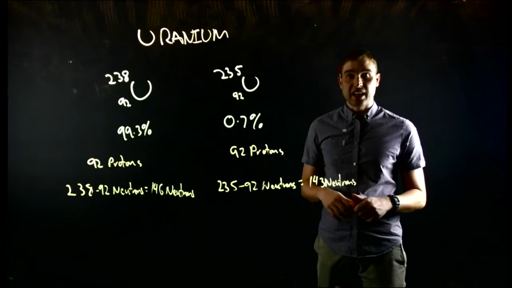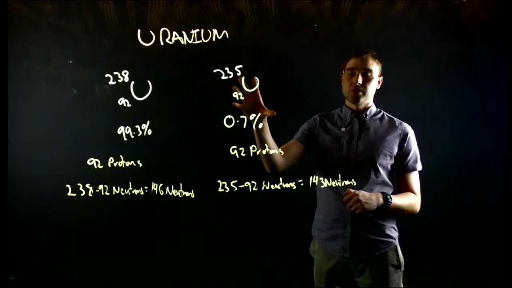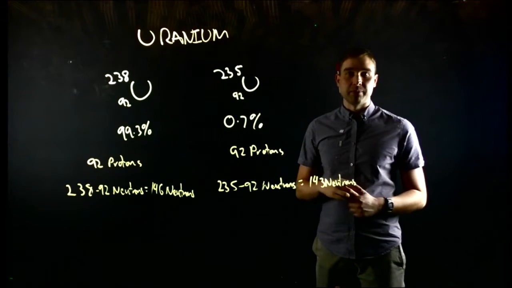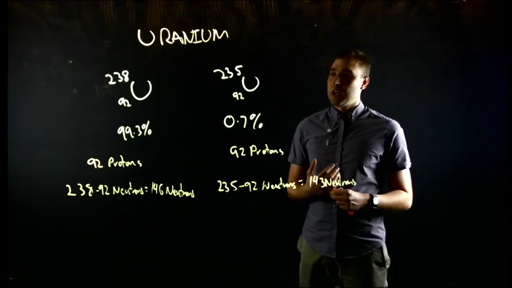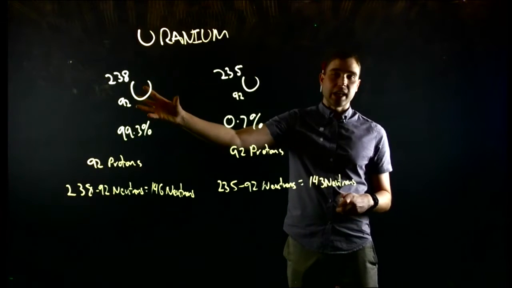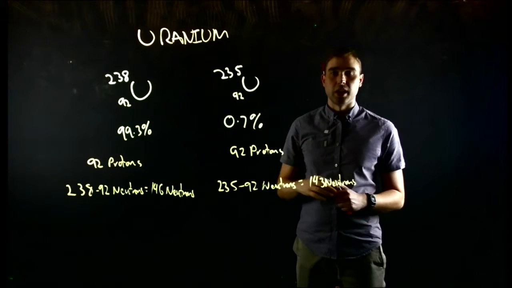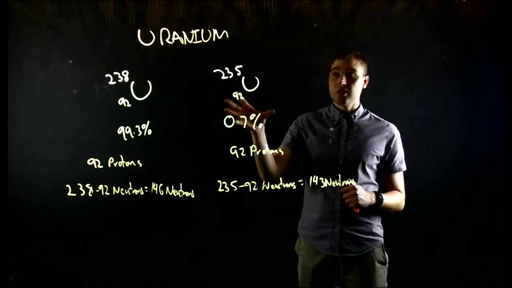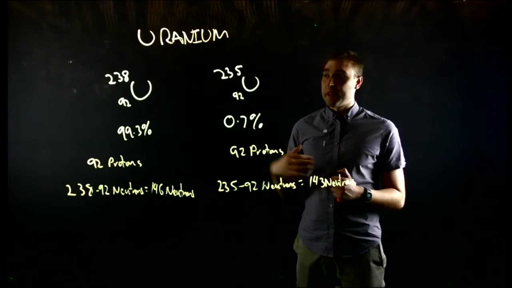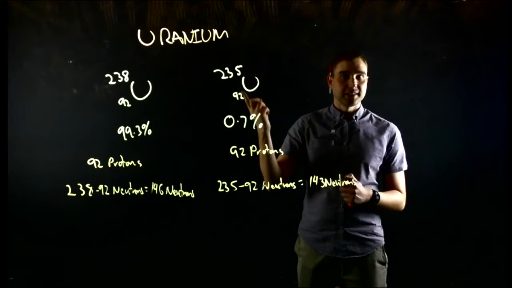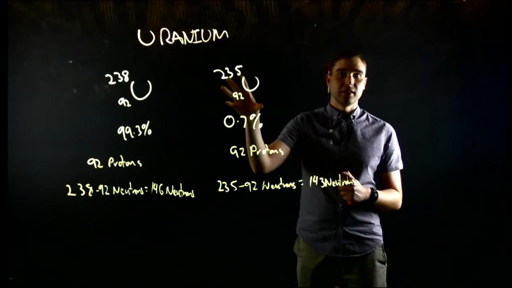So what they do is they enrich uranium. They increase the proportion of uranium-235 to 238. All uranium is going to react very similarly. They have the same number of electrons. The difference between them though is uranium-238 is heavier than uranium-235. So what they do is they turn uranium into a gas and then they spin that gas around really, really quickly. The heavier gas flies out faster and further than the lighter gas.